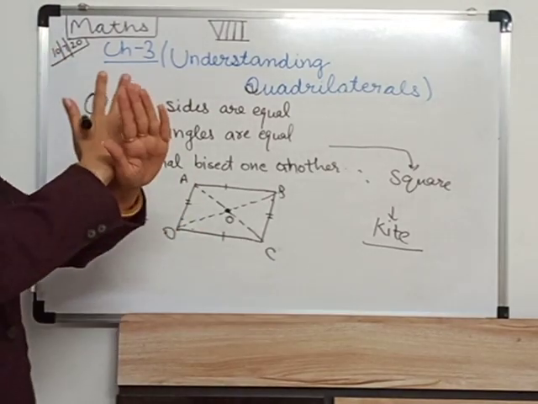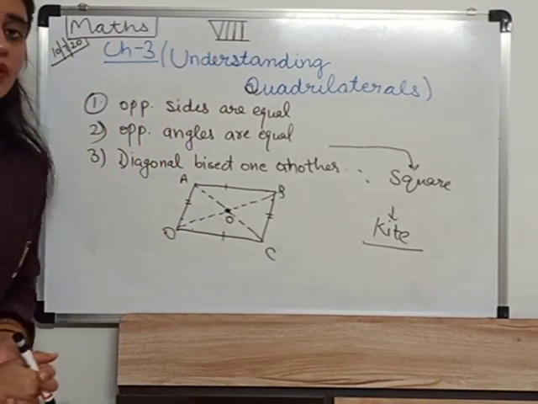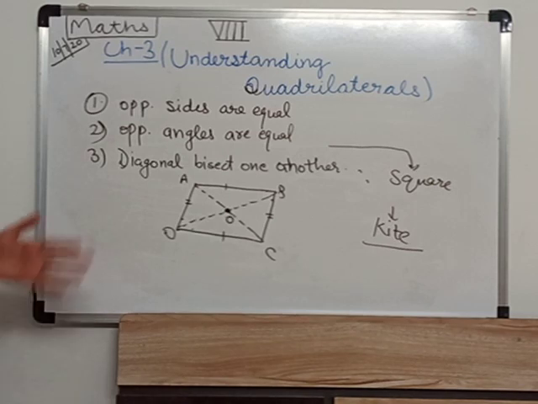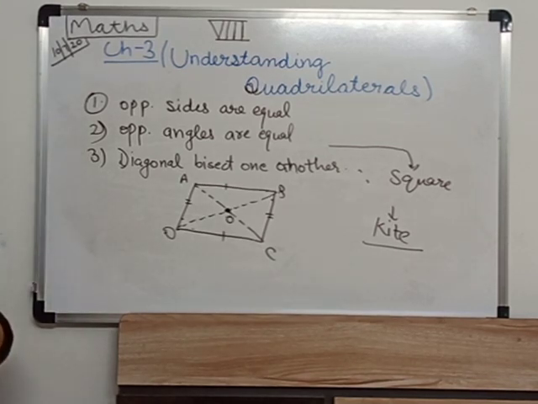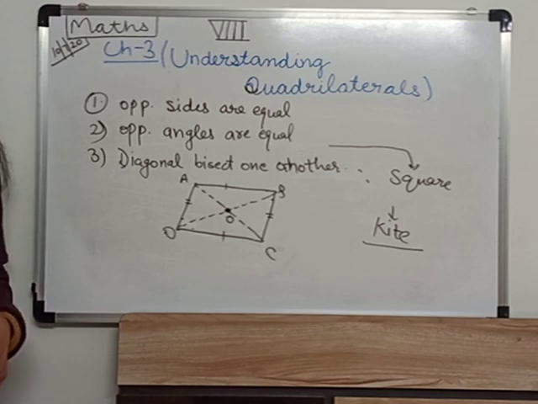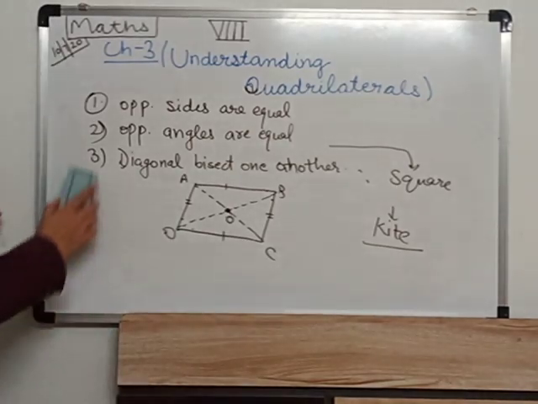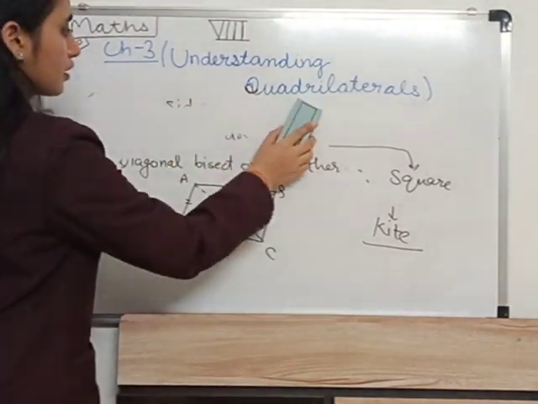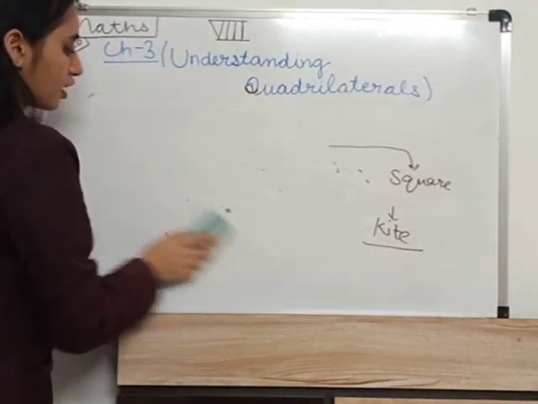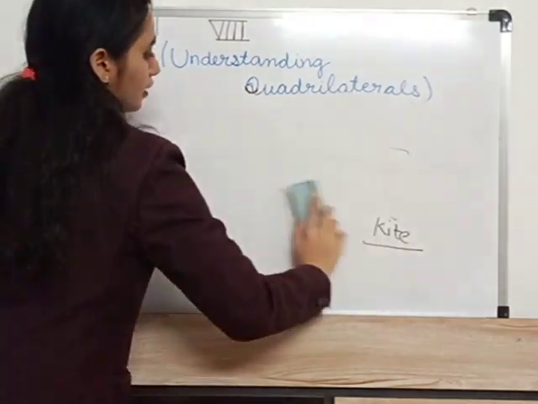Understood? These are the properties of a parallelogram. A parallelogram is a type of quadrilateral in which opposite sides are parallel and equal, opposite angles are equal, and diagonals bisect one another.